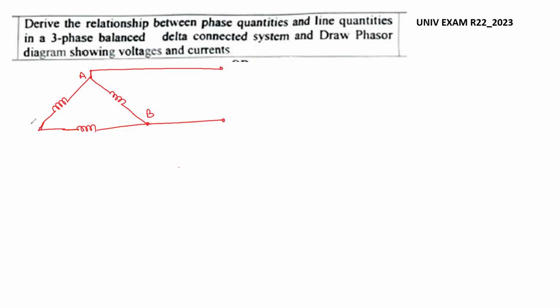Again, this point we'll call C. From point C, another line is taken. The first one, which we connected from point A, is called line A. This is called line B, and the last one is line C.